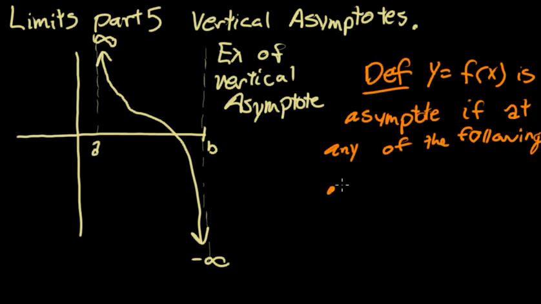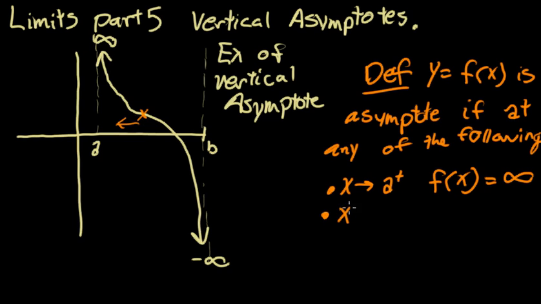So the first one is, we'll say, as x approaches a from the right, f of x equals infinity. And that's exactly what this is right here. Say we have x right here, and it's going towards a from the right. It's getting closer and closer to infinity.